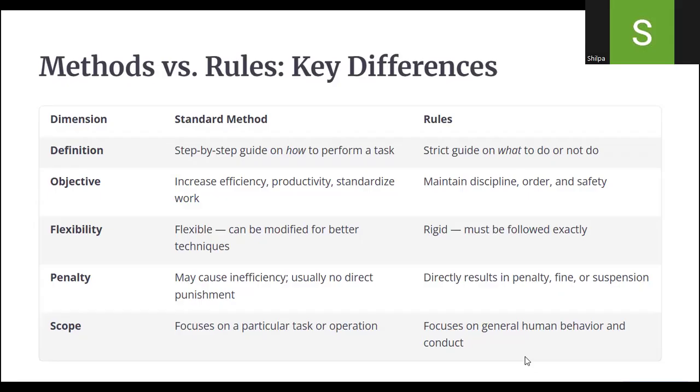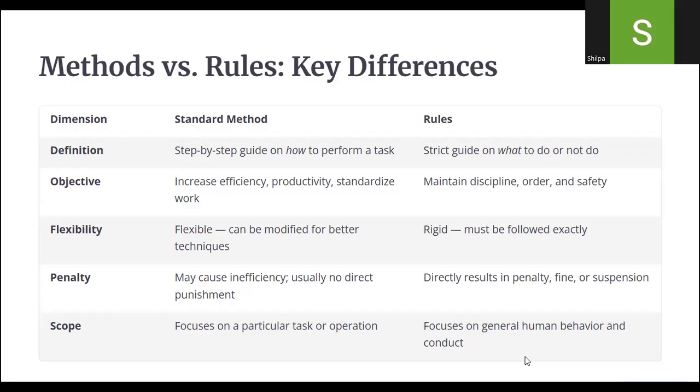When we talk about flexibility, yes, the standard methods are a little flexible. You can make some changes in it wherever and whenever required, just so that the task is completed in a smooth manner. So like assignment uploading or doing a presentation, for the basic steps that will be given to you, you can make certain changes with the permission of teacher or with the permission of manager.